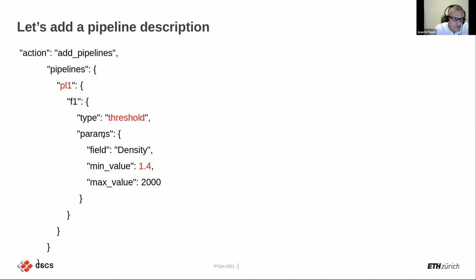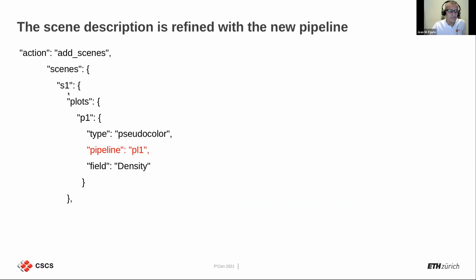And what is important is the name of this pipeline. This particular visualization pipeline is called PL1. And in my scene definition, I will modify the plot to say I want to plot the pseudo color of points, but before I do this, I want to apply the pipeline PL1. And that's all there is to the definition of my visualization pipeline.